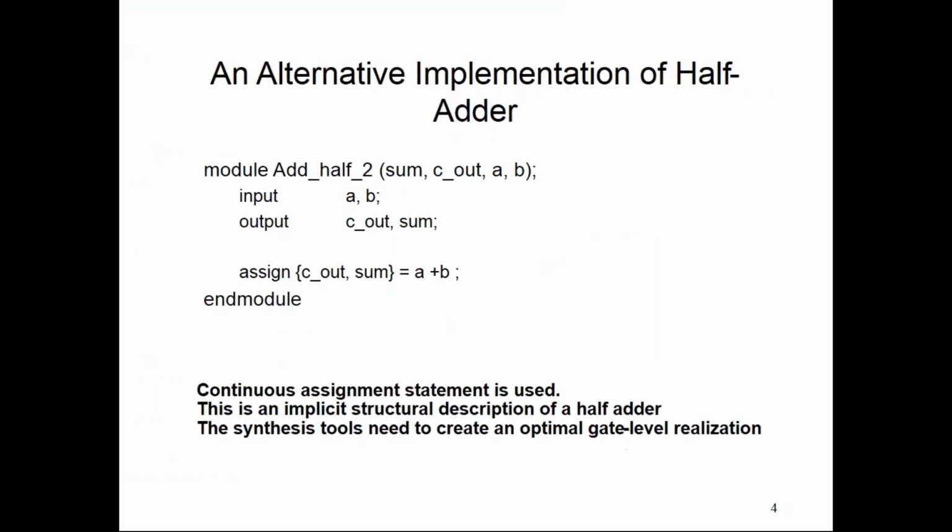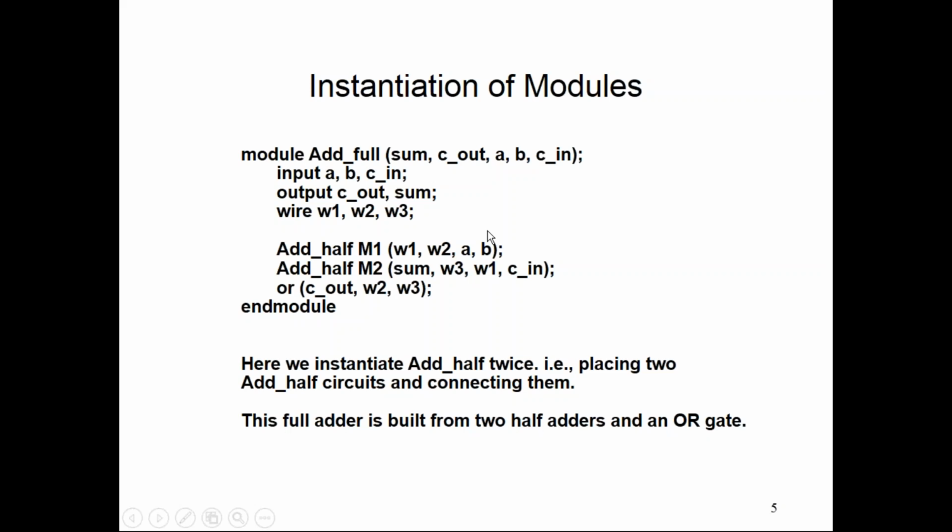This is an explicit structure statement, and here it's an implicit assignment. What we are doing is just adding the two variables a and b, and we know the carry and sum. We are concatenating them together, meaning we get the same output of a half adder. And here we are instantiating two different modules.